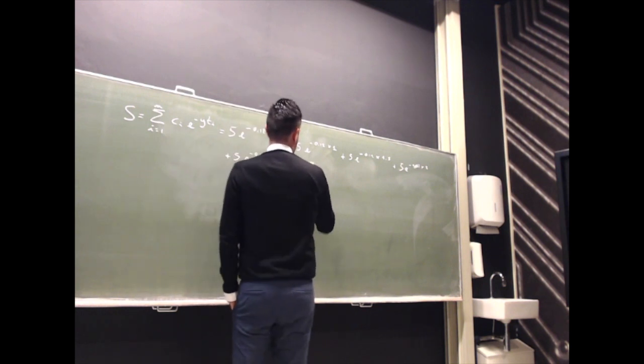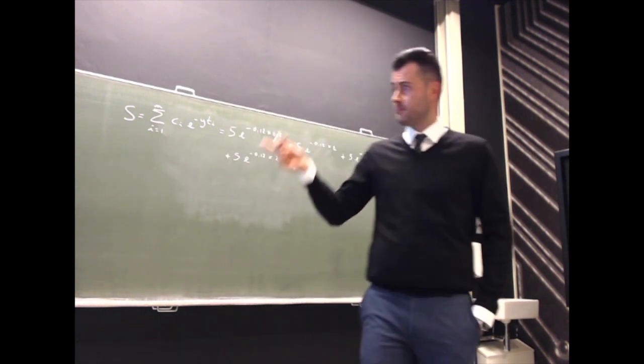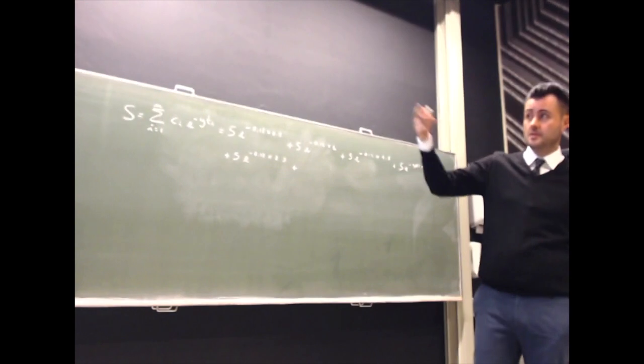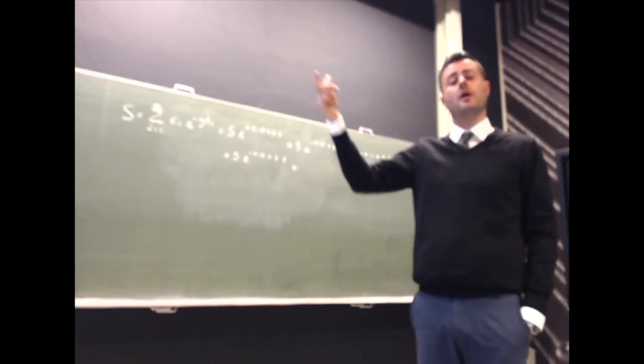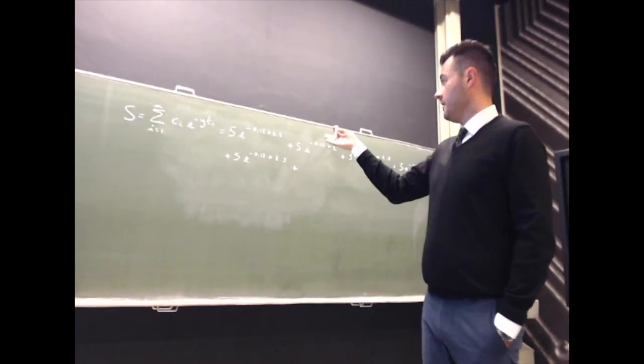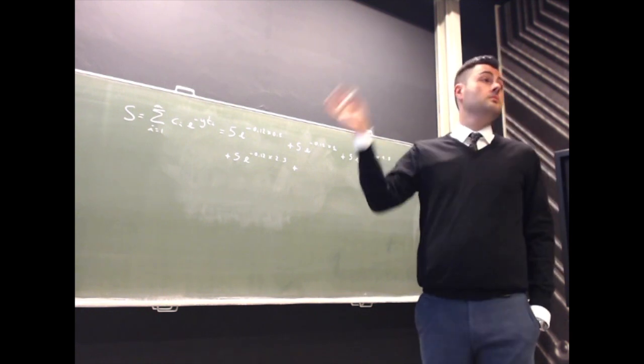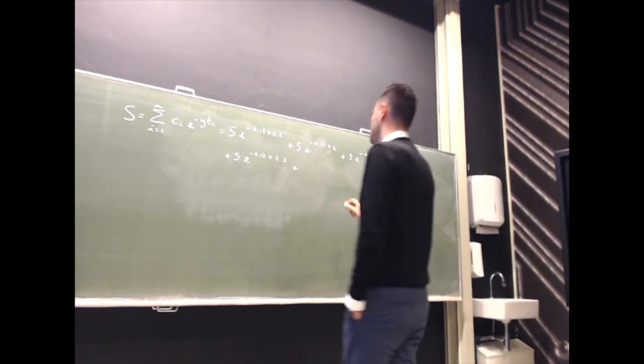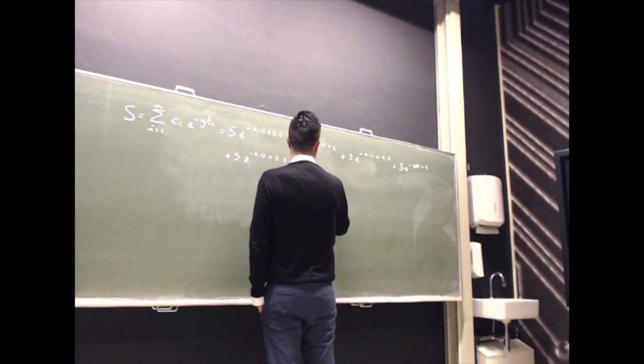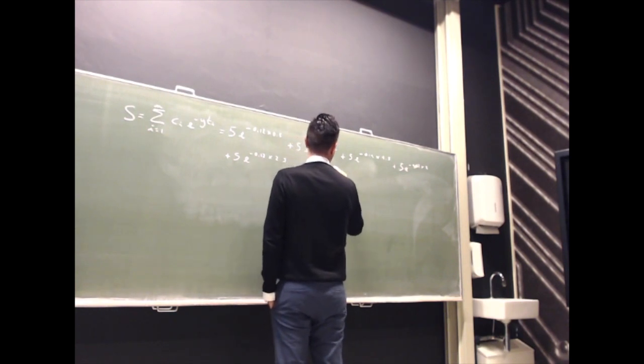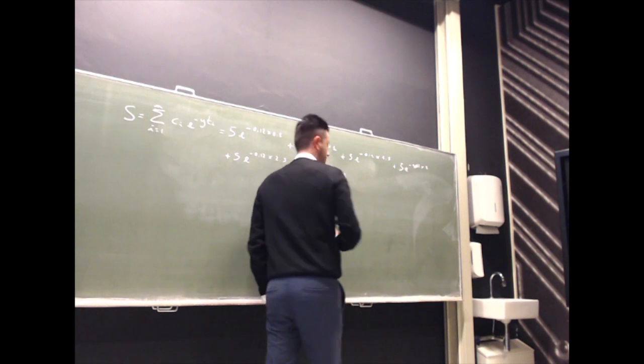Plus, and that's very important, at the last moment, 3 years from now, I will get 5 but also 100. So the last one will be 105 e to the minus 0.12 times 3.